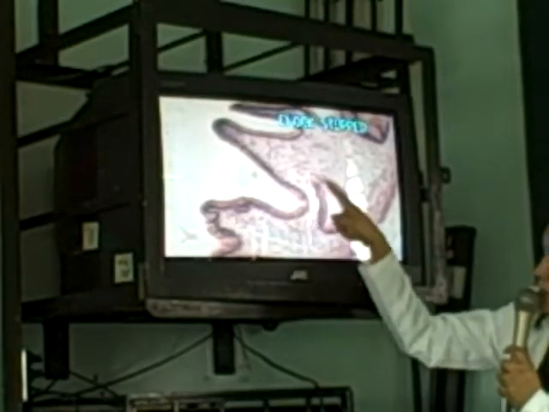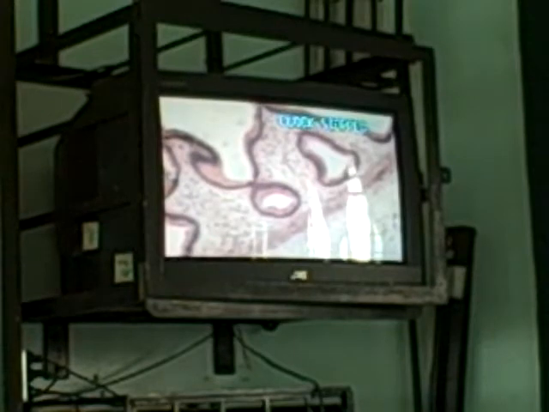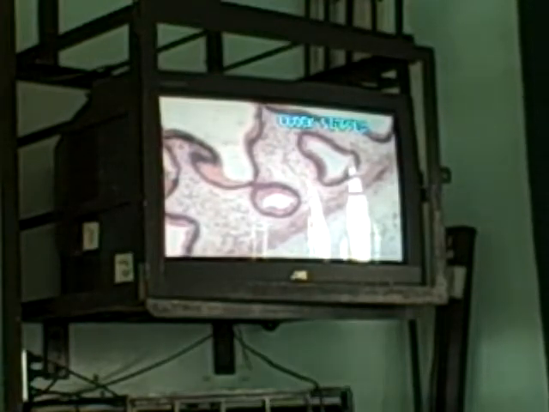So this is your Rokitansky-Aschoff sinus. That's another RA sinus. You have two RA sinuses. That is a characteristic feature of your gallbladder. So once you see the RA sinus, you know it is the gallbladder.